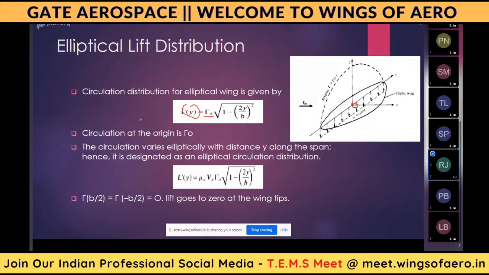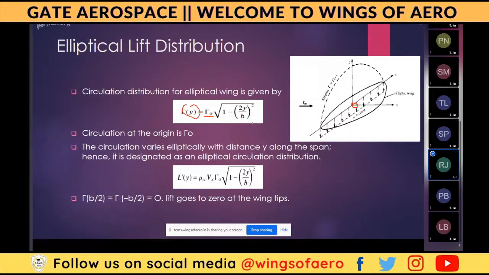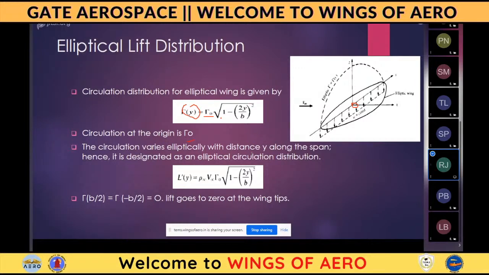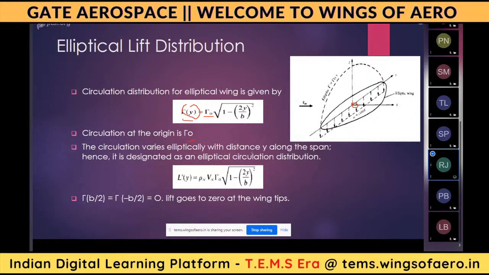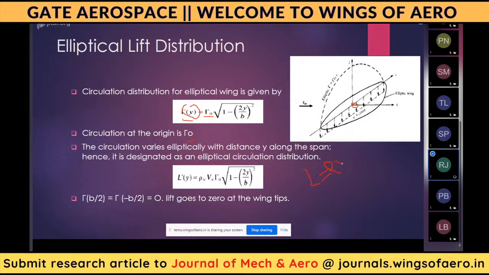Here the circulation value is gamma of y equal to gamma naught into square root of 1 minus (2y by b) the whole square. So the circulation is gamma naught at the origin, and after finding the circulation we can easily find the lift, that is L equal to rho v gamma.